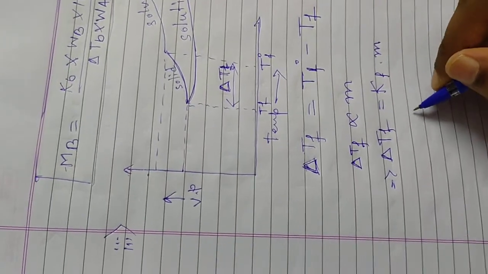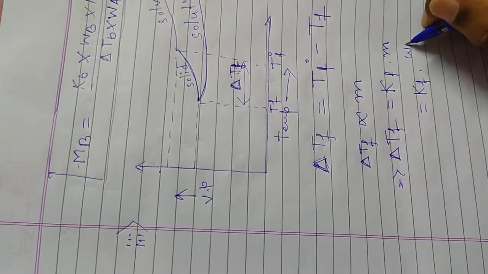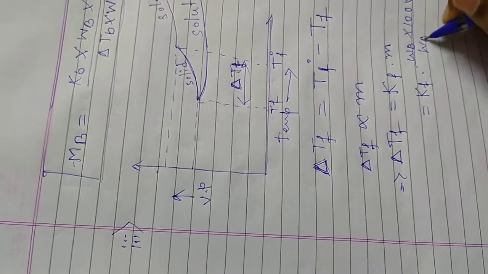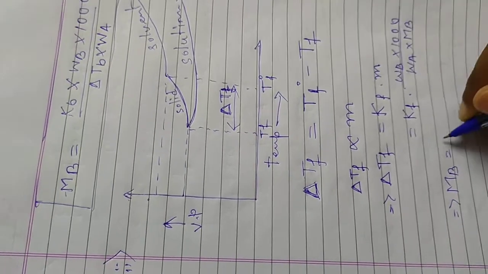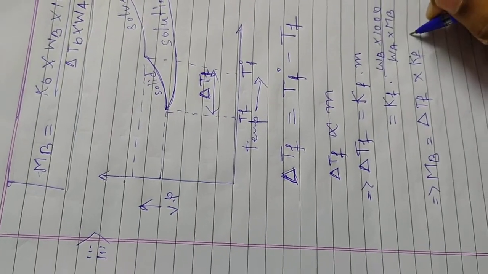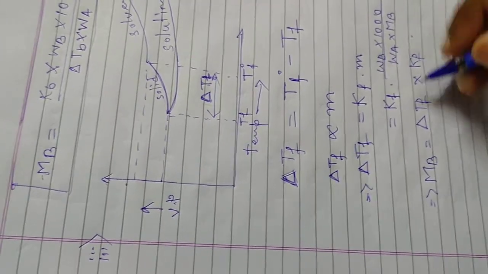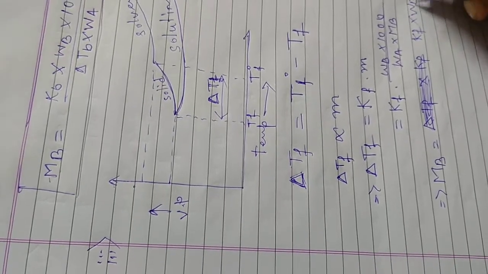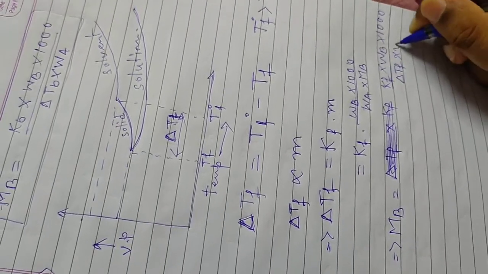Is that clear? Now I am replacing again m with the whole value. The value is WB into 1000 divided by WA into MB, and from here we get MB equal to Kf into WB into 1000 divided by delta Tf into WA.